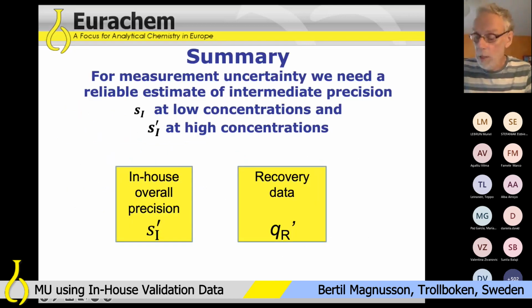So to summarize, in order to get a good estimate of the precision, you need a long time. I would say at least 1 year. You would need many data to get a reliable estimate of the standard deviation. You will also need to incorporate subsampling in your laboratory.